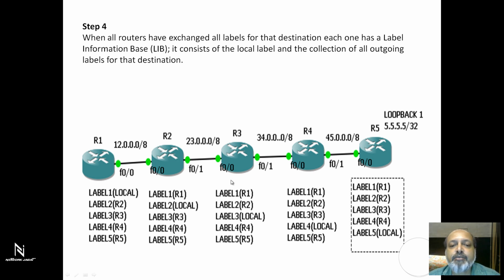Because if you consider R3, there is no point in retaining label 1 and label 2, because definitely these are not appropriate labels. Forget about most appropriate, they are not even appropriate if I am targeting 5.5.5.5. These two are appropriate, and label 4 is the most appropriate. But label 1 and label 2 are not appropriate, and still R3 retains them. So this is called liberal mode retention.